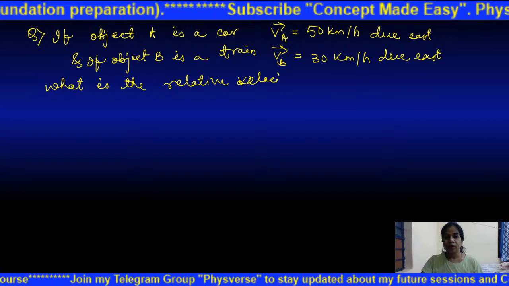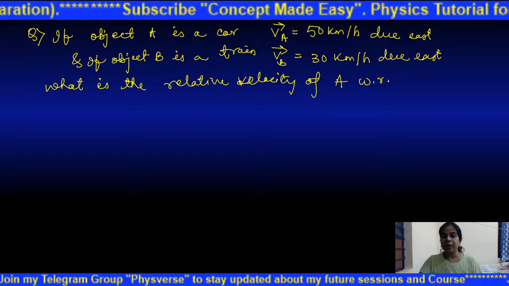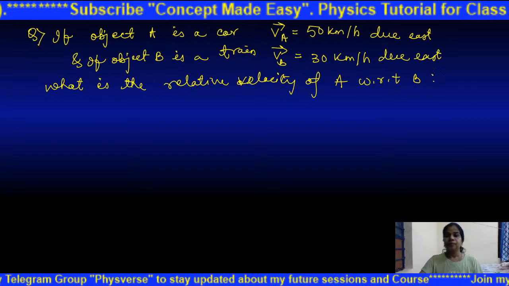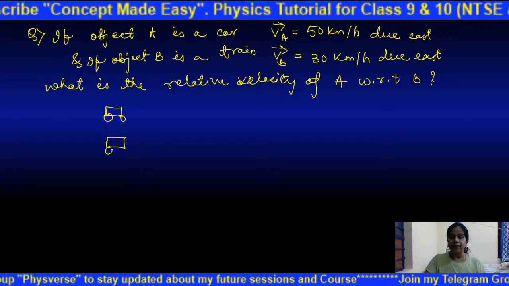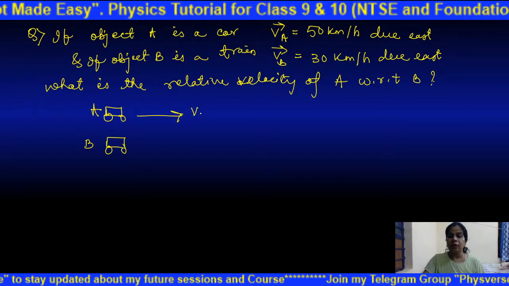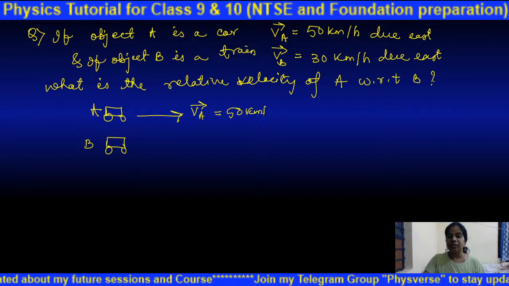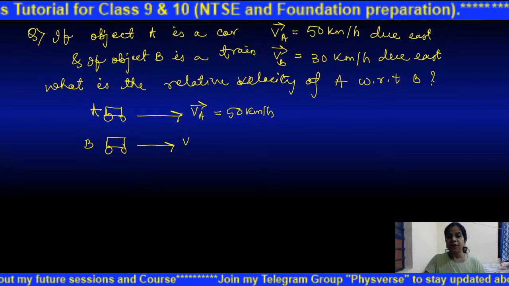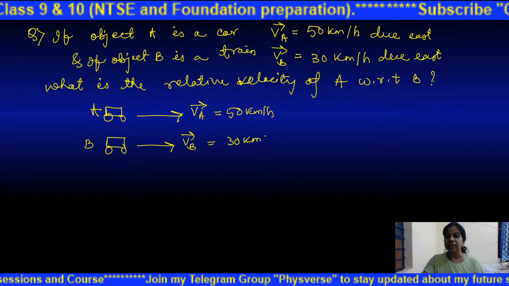Relative velocity of A with respect to B. So this is the car, this is the train, this is A, this is B. This is moving with velocity VA in this direction, that is 50 km/h, and this is velocity VB. This is also moving due east, that is 30 km/h.